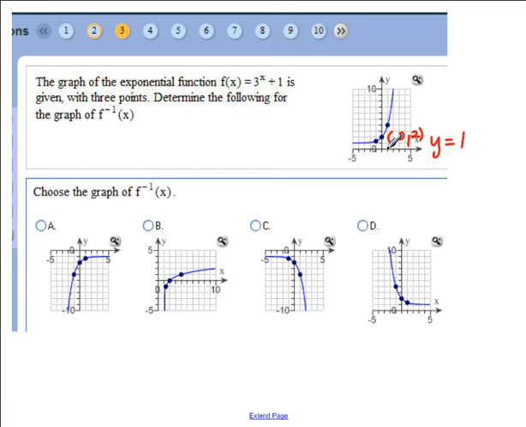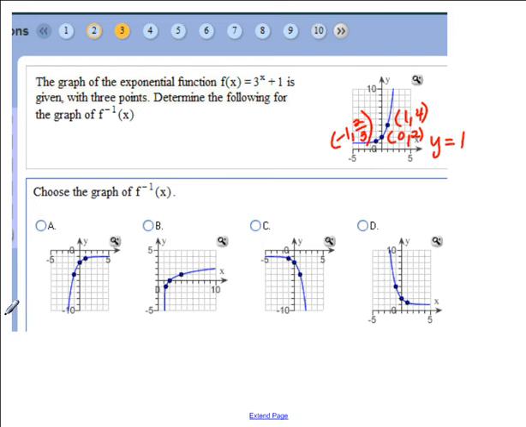And the point 1 has an output of what? 3 to the first is 3, plus 1, which would be 4. And we could also put in -1, so it would be 1/3 plus 1, which would be 4/3. So you have the point -1, 4/3.